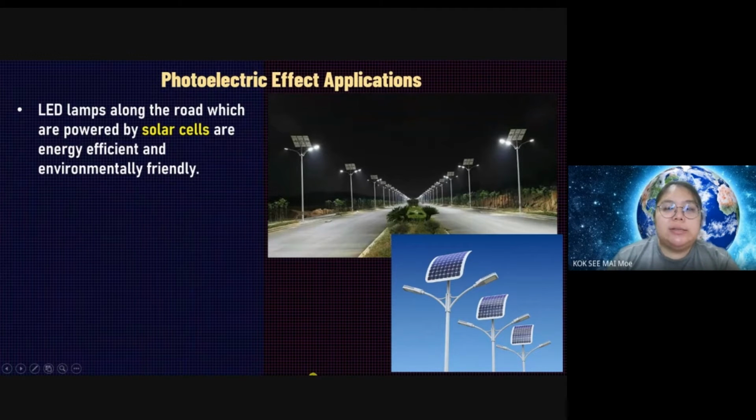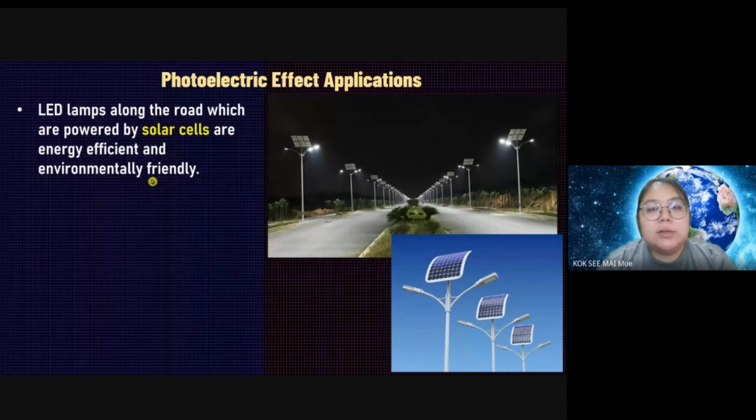First one, you can see this is a solar cell. LED lamps along the route are powered by solar cells, which are energy efficient and also environmentally friendly. That means they do not use any power supply. They just use renewable energy to produce the light.